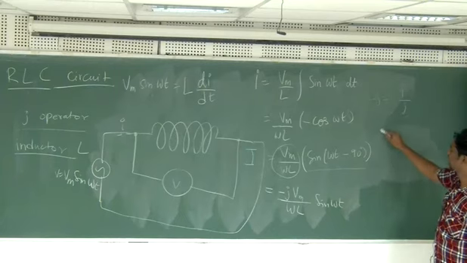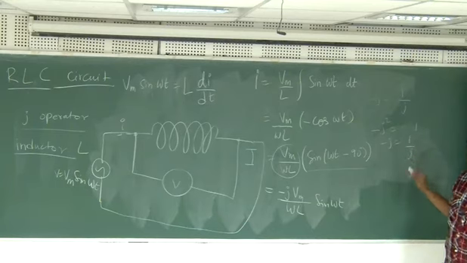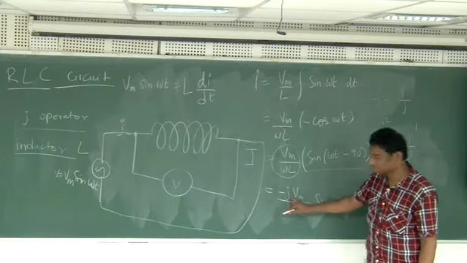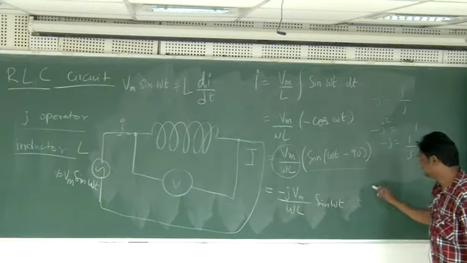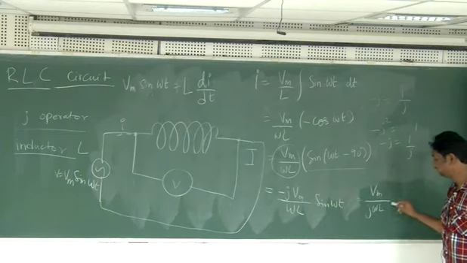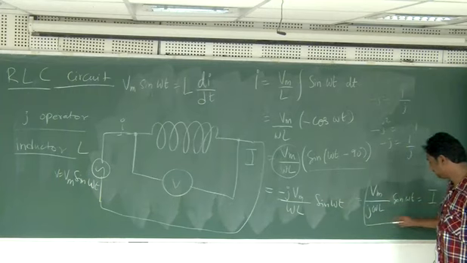J square is minus 1, so minus of j square is 1, and minus j is actually 1 by j. So I'll write it Vm by j omega L into sin omega t is equal to my I. So finally we solved the problem.